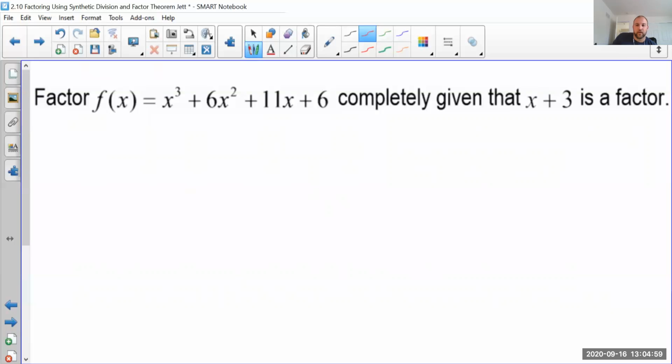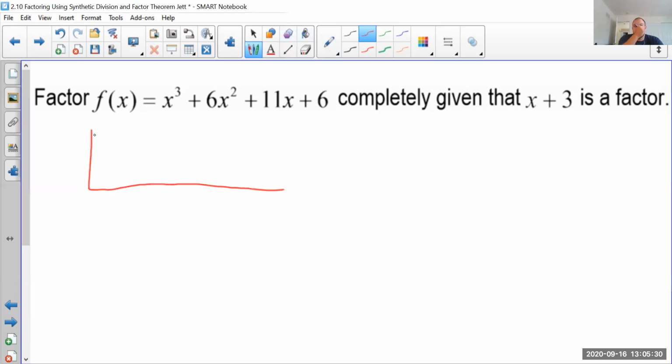So they're telling us x plus 3 is a factor, meaning when I use synthetic division here with x plus 3, what should my remainder be? 0. Okay, if you use x plus 3 in synthetic division here and you get a remainder anything other than 0, you did it wrong. Okay, because it's telling you that the remainder has to be 0 by telling you that it's a factor. So that's where we're going to start.